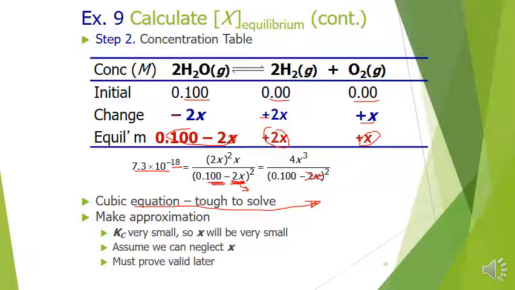If this number is 1/1000th or less than this, then you're okay. So you can see that this is 10 to the first, this is 10 to the minus 18th. This is far less than 10 to the third in terms of its difference. So we can make that assumption and move forward.